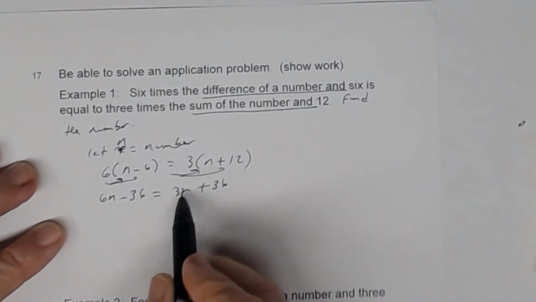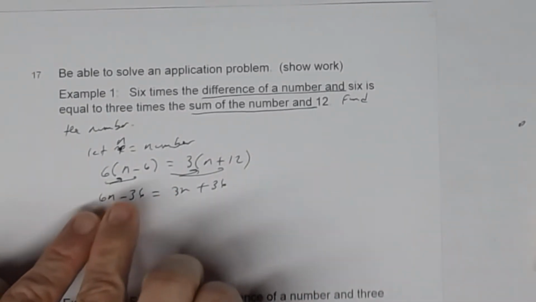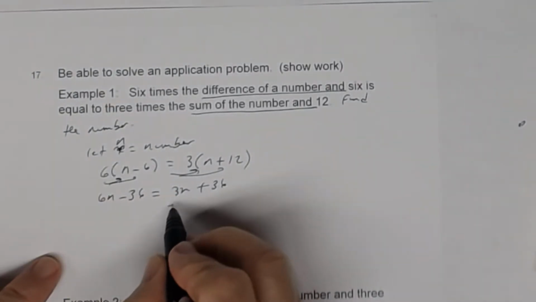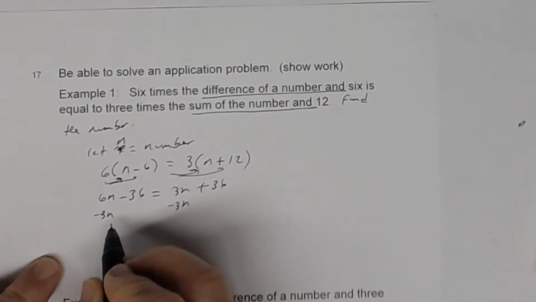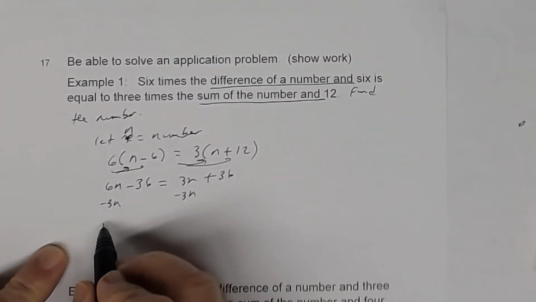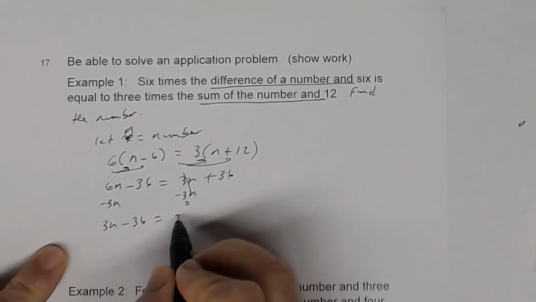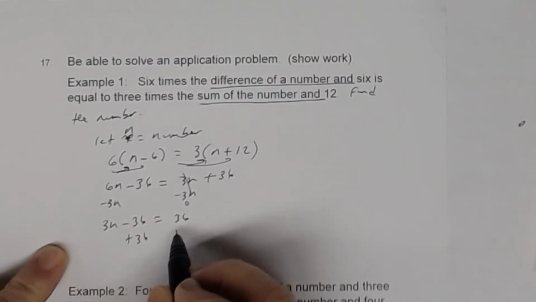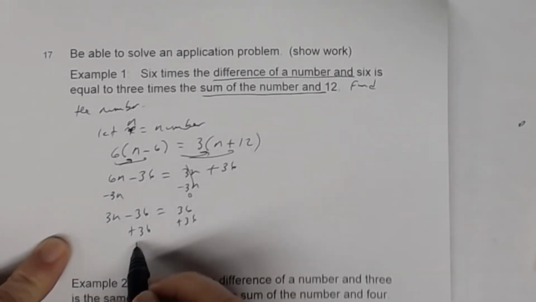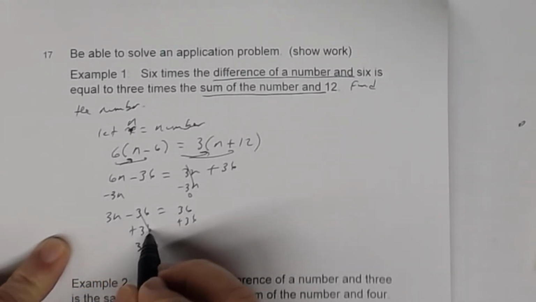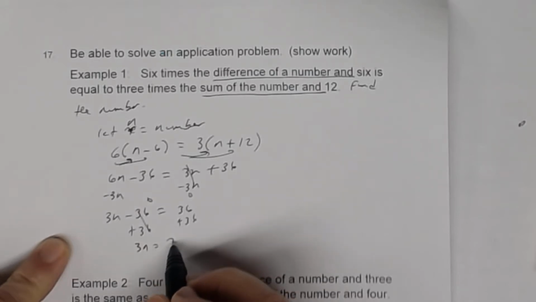Let's bring all the variables to one side, constants to the other. I subtract 3n from both sides. I get 3n minus 36 equals 36. Adding 36 to both sides, I get 3n equals 72.